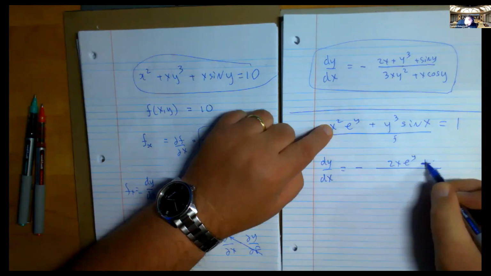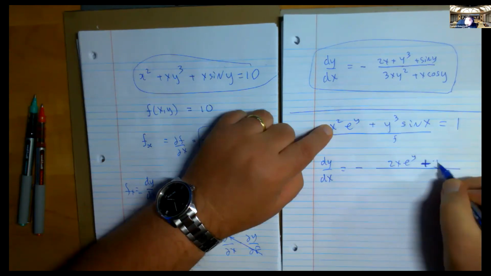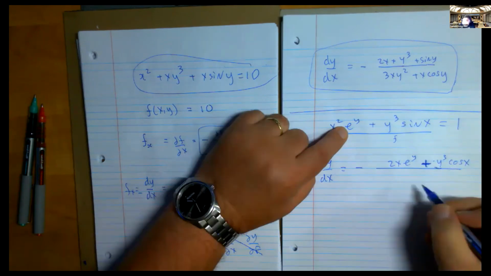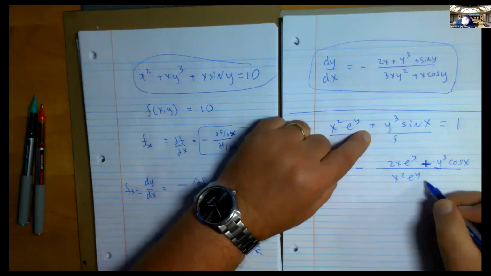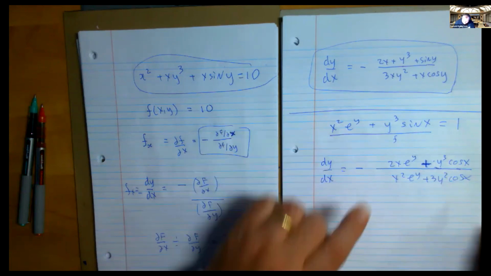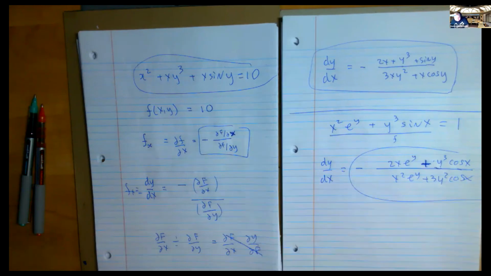Yeah, plus. And do the y's on the bottom. Less than 1 minute, I have just found the first derivative of a really ugly implicit function. I think that's kind of cool.